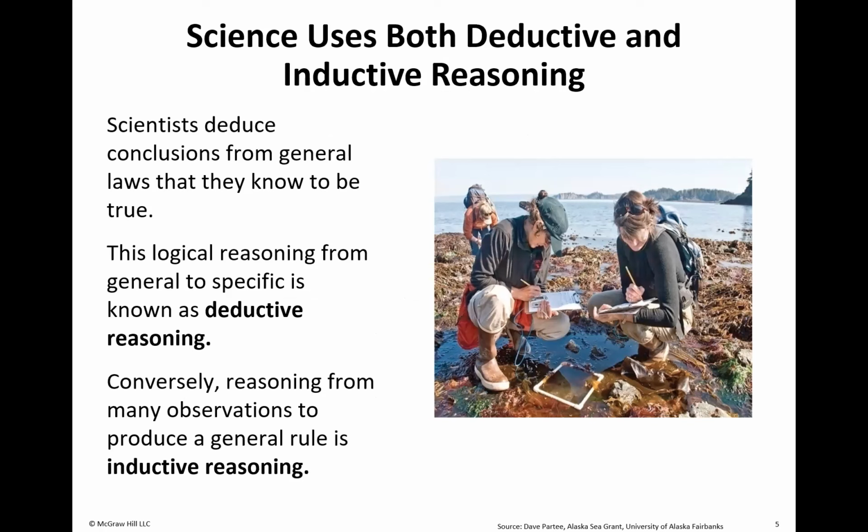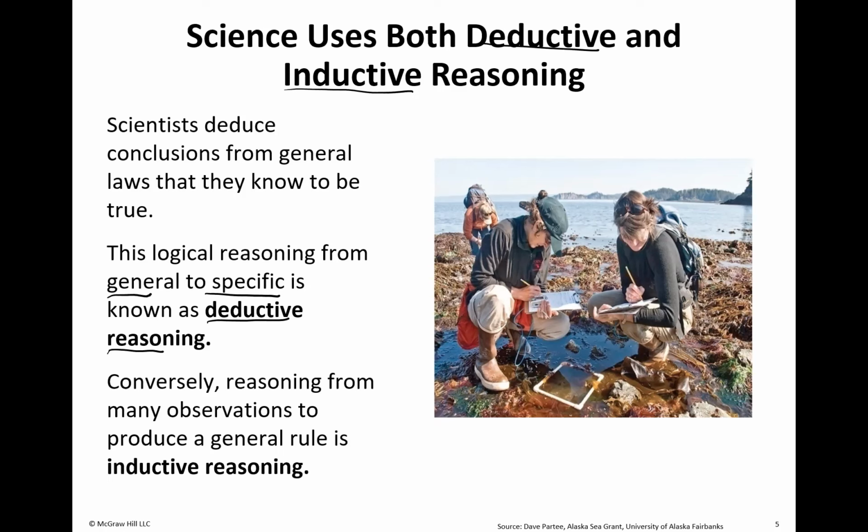Science uses both deductive and inductive reasoning. So what are these reasonings? Deductive reasoning is a conclusion taken from general to specific.